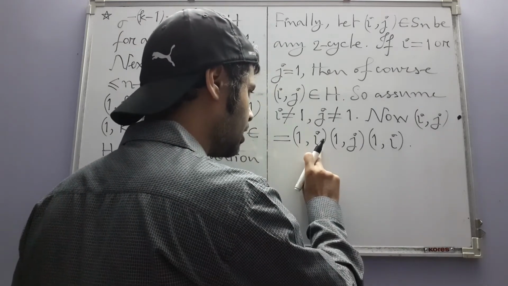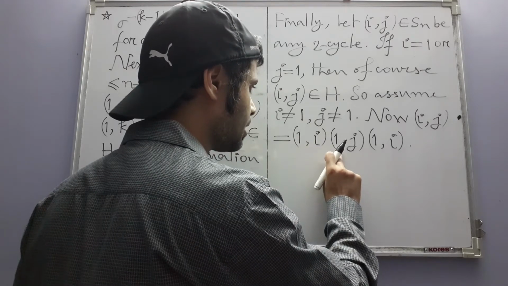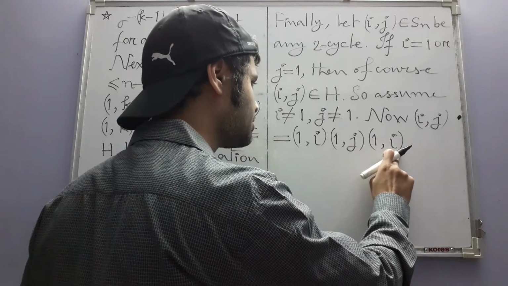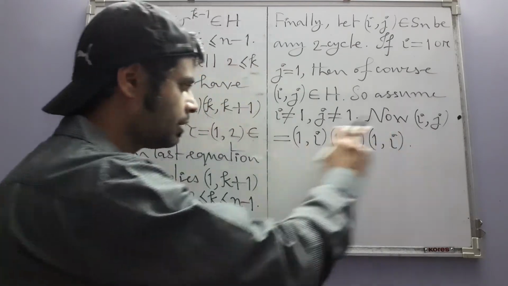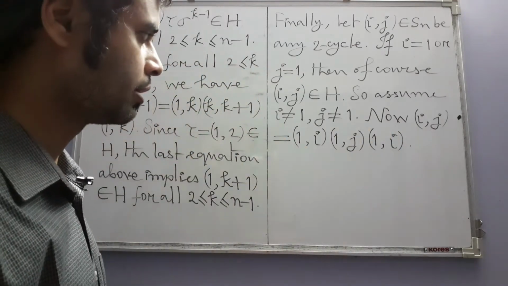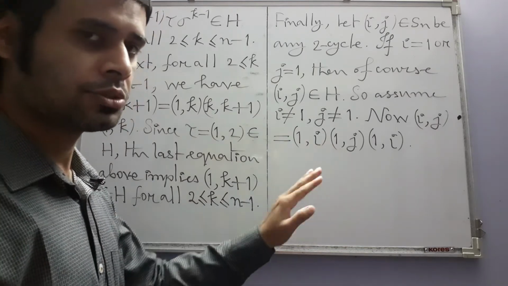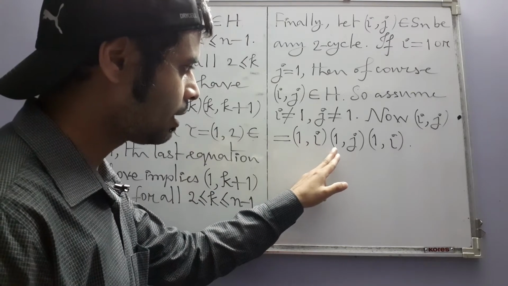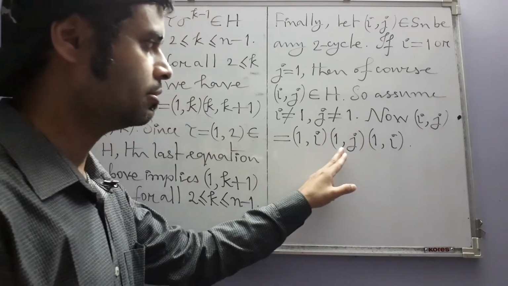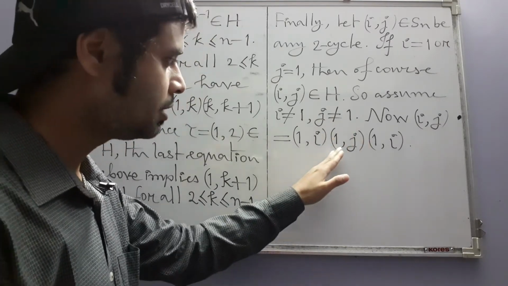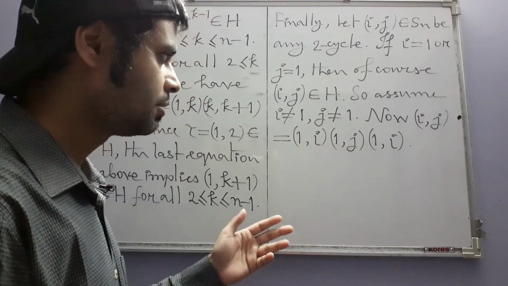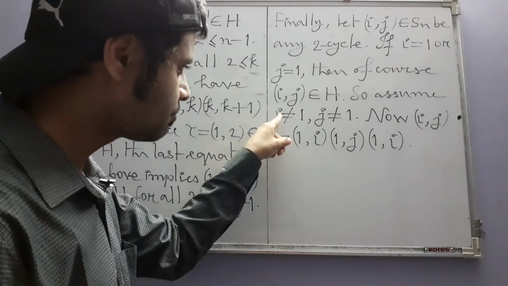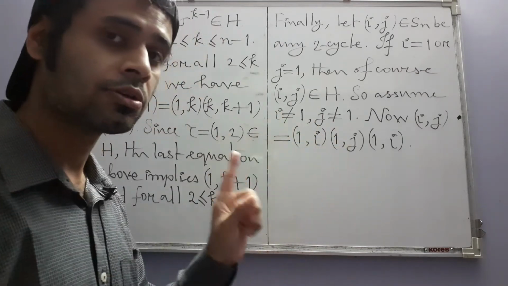1 is sent to i, then i is unchanged by this, and that i is sent back to 1, that means 1 is unaffected by this entire product. Did you notice one thing? I said 1 is sent to i and then i is unchanged by this. i will actually be unchanged by the middle one if i itself is not here among these symbols. i is of course not 1, but i is also not equal to j.